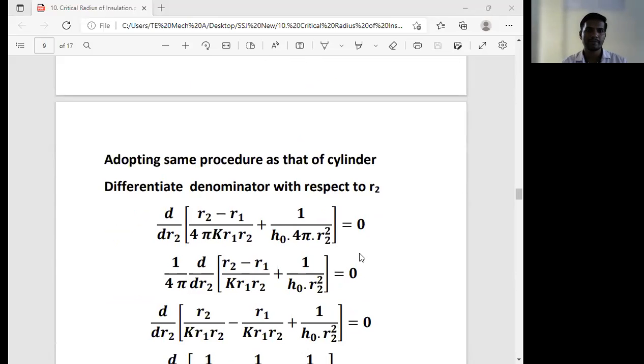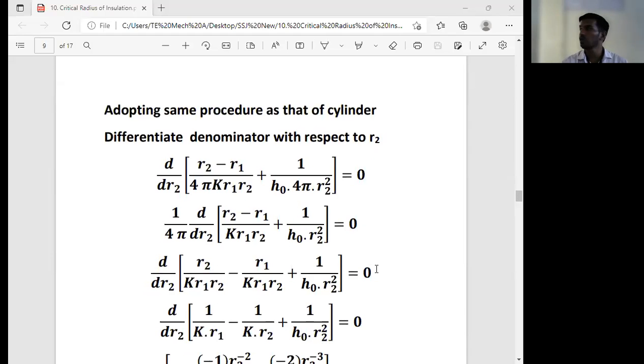Take the derivative of the denominator with respect to R2, equate it to 0, and you will get the value of R2, which will be RC. So differentiating the denominator with respect to R2. Okay, 1 upon 4 pi is constant, so take it outside. R2 minus R1 divided by K into R1 R2 plus 1 upon HO into R2 square.